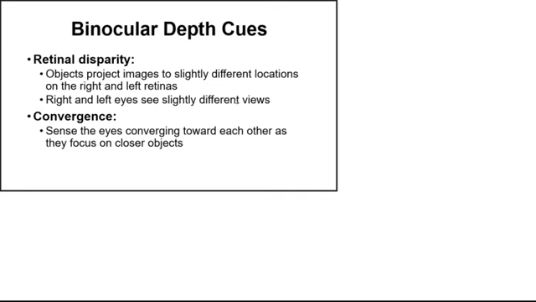So things that are closer to you cause greater convergence, where your eyes bend inward to look at that central item. And the further away it is, then your eyes can look sort of parallel to each other out to that object. And again, our brain can pick up on those signals of how much sort of inward bending versus outward bending our eyes are doing and determine about how far away it is.